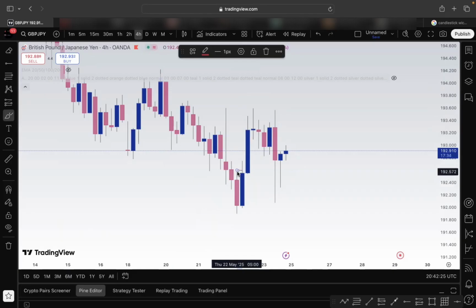Once it takes out the high, it means it's going up. Once it respects the low, it's a solid uptrend or a solid impulse retracement move in the lower time frame. And I've looked at how one candle would represent a number of candles in the lower time frame.